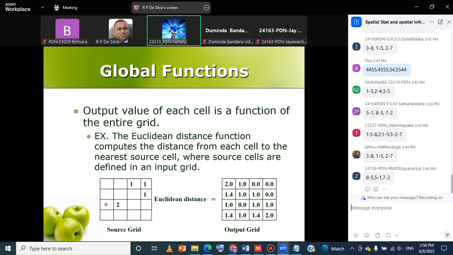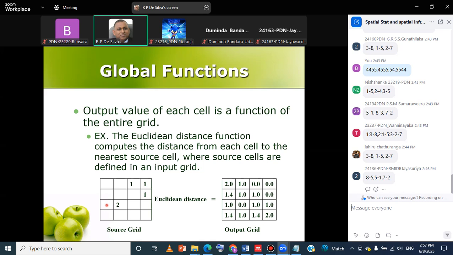Now, if you want to calculate the Euclidean distance for that cell, that means from that cell to travel to the source grid cell, because the people in this cell need water. So if they have to get water, what is the nearest source and what is the distance to that source?